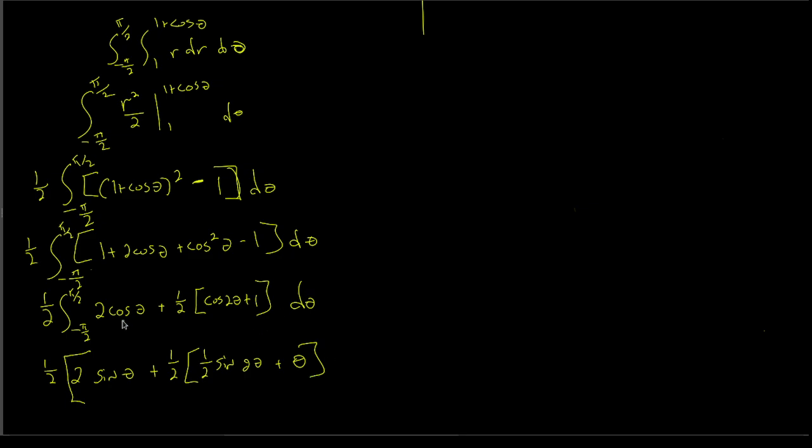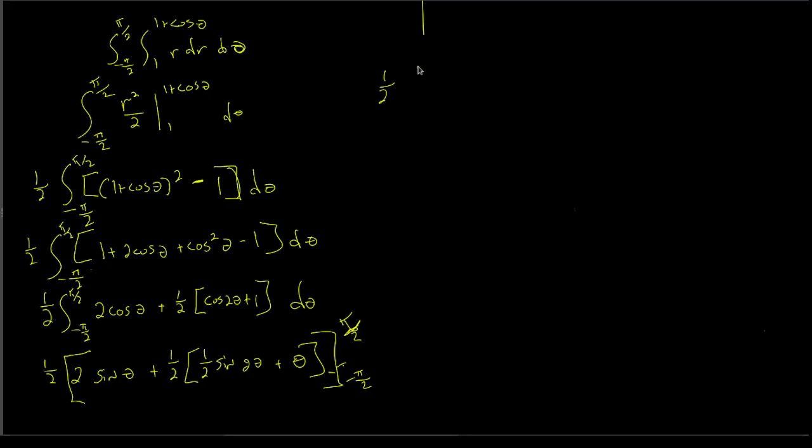Right, because this will go up to sine theta, and this goes up to sine 2 theta with the chain rule, 1/2 coming back out. And this will be evaluated from negative pi over 2 to pi over 2.